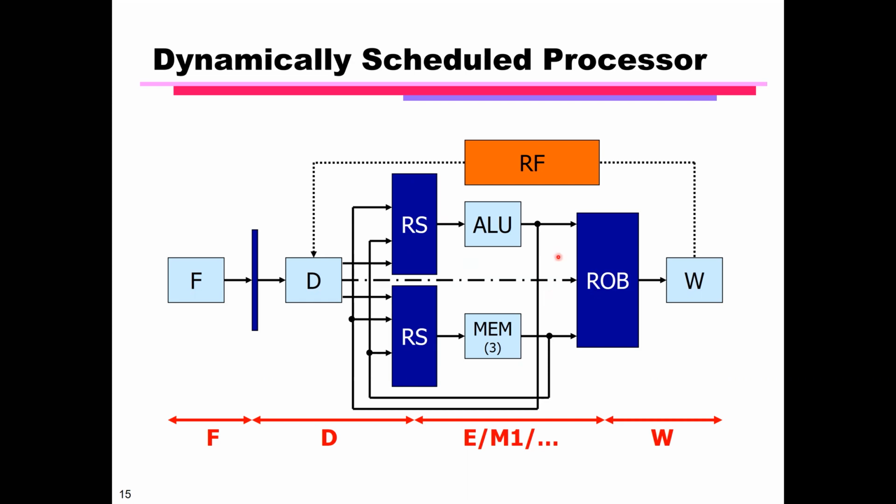The second difference is that instead of having a single pipeline here, we are putting in parallel the different types of pipeline that correspond to different types of operations. For instance, we have here the ALU, we have here the memory access pipeline.